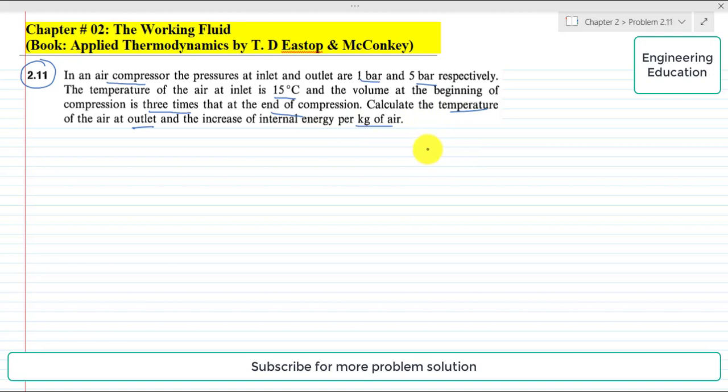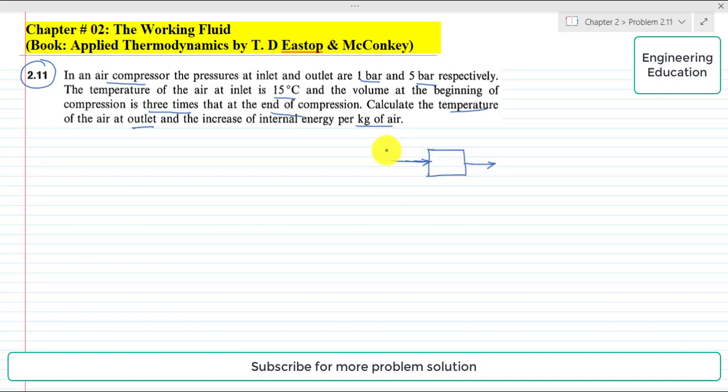So let's suppose we have a block diagram of the compressor. Suppose this is the inlet and this is the outlet. At inlet we designate the properties with state 1, and at outlet we will designate the properties with state 2.